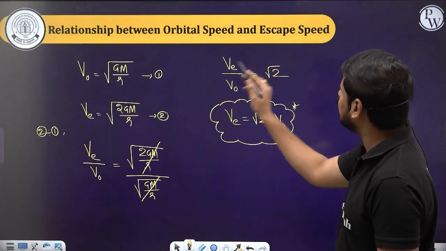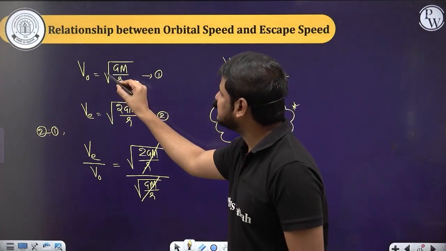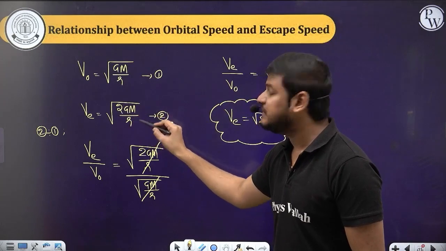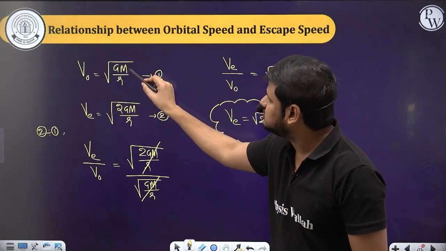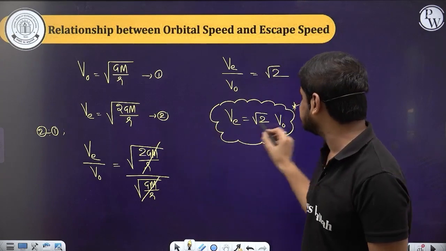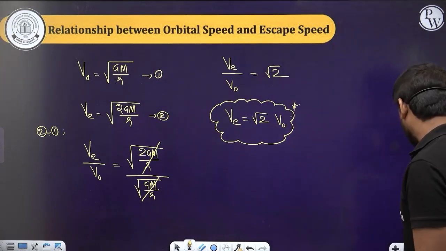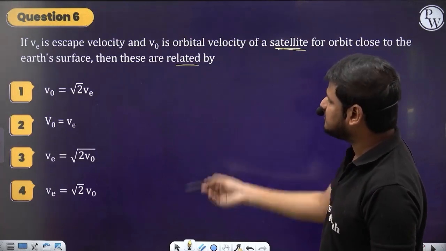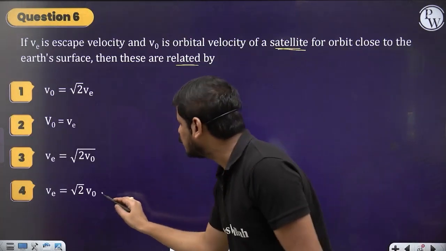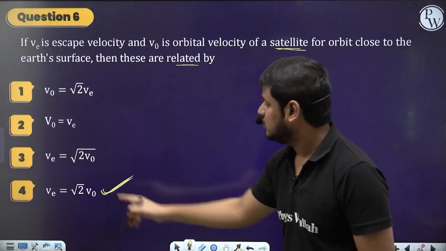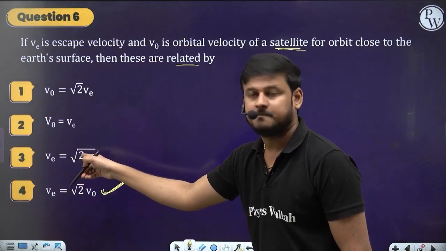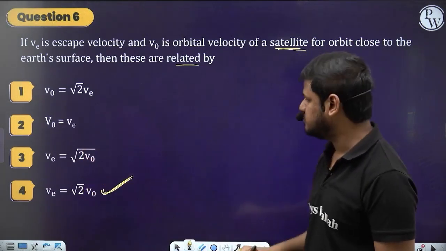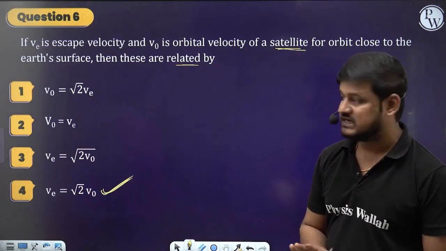So here also the same. What is the relation between the escape velocity and the orbital velocity? The escape velocity will be root 2 times the orbital velocity. Not root for both, only root 2, and V0 should be outside the root. Clear?